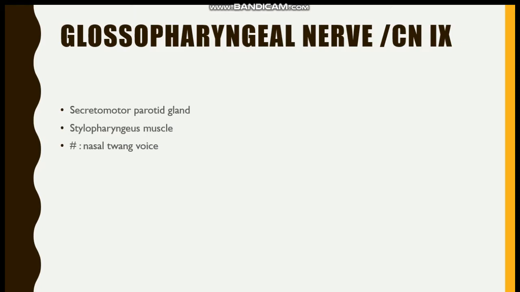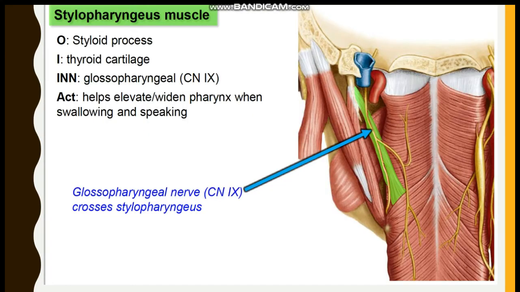If the question gives the term nasal twang voice, then you can mark glossopharyngeal nerve. So here you can see the glossopharyngeal nerve crosses the stylopharyngeus muscle.